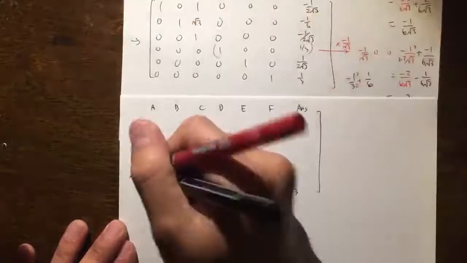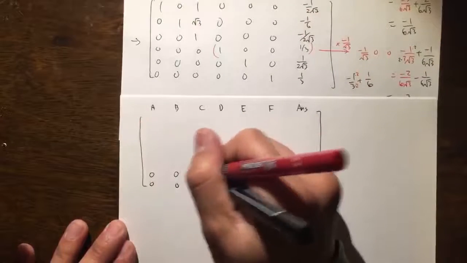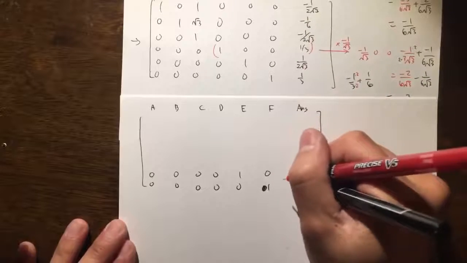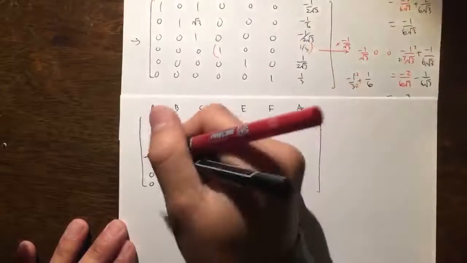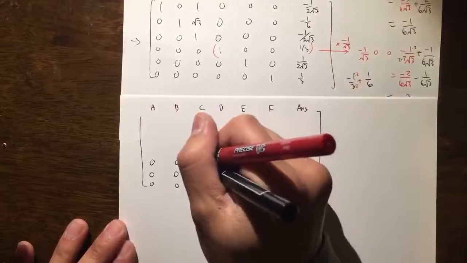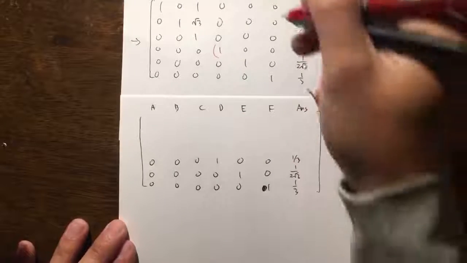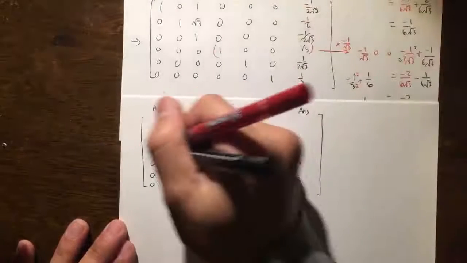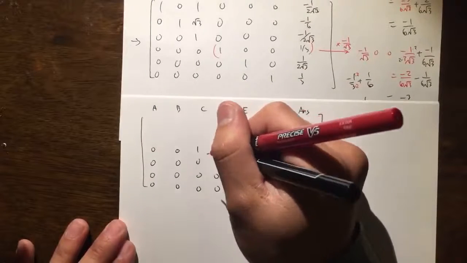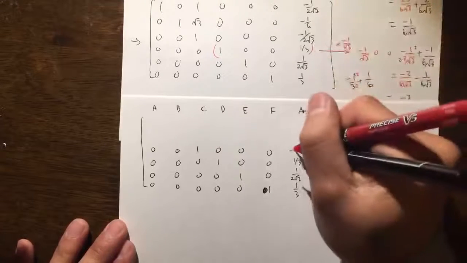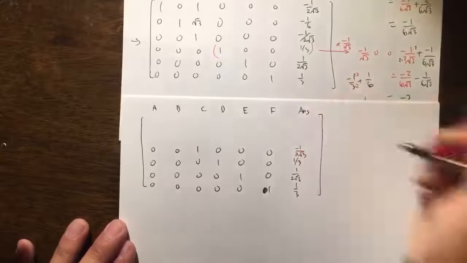And then the second row is 0, 0, 0, 0, 1, 0, 1 over 2 square root of 3. And then this right here is 0, 0, 0, 1, 0, 0. And this is 1/3. And then this row is also good now. This is 0, 0, 1. And then 0, 0, 0. And this is negative 1 over 2 square root of 3.